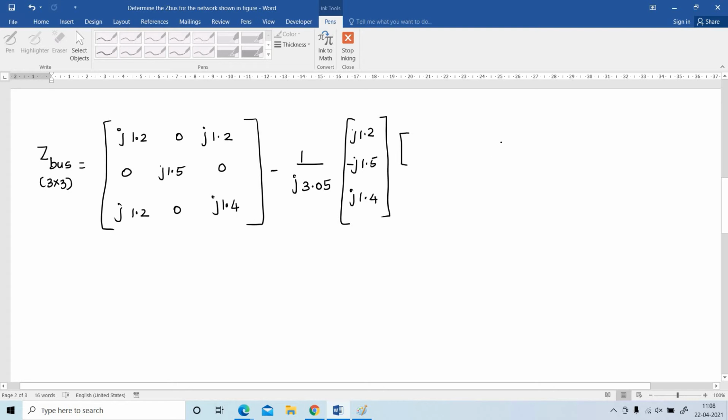Then write the last row elements J 1.2 minus J 1.5, J 1.4.